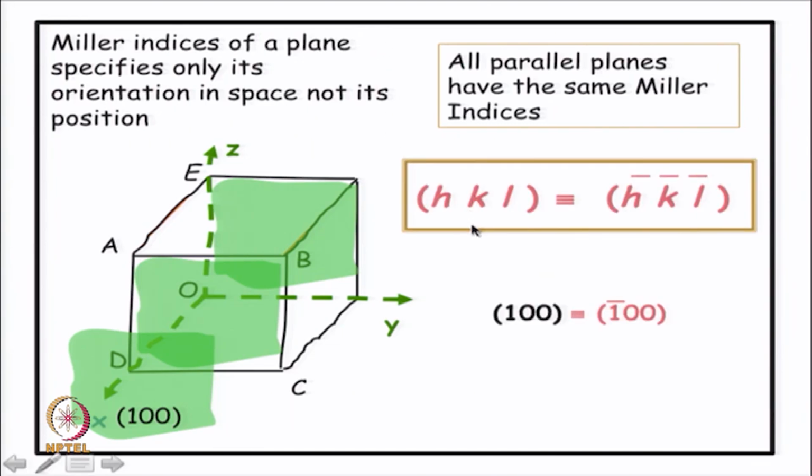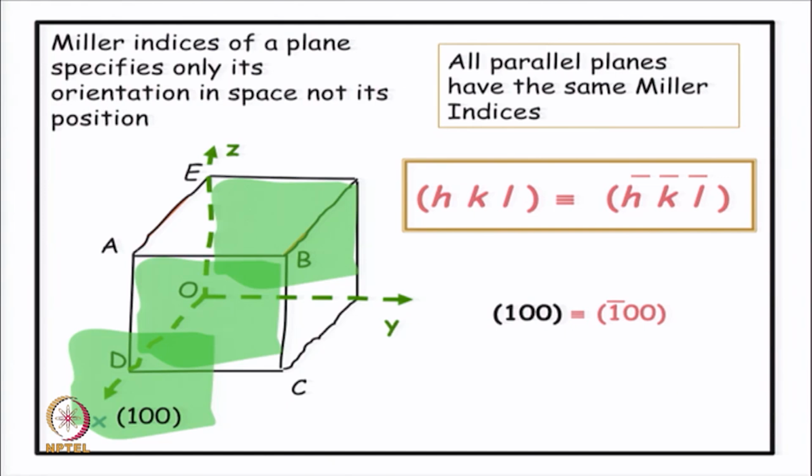And in fact we also have the convention that instead of the indices h k l, if we take the negatives of them, minus h, minus k and minus l, or bar h, bar k and bar l, then they represent the same plane. This is true because we are free to choose the origin, and these indices depend on which side of the plane we have chosen the origin. Note that any plane will divide the space into two halves.